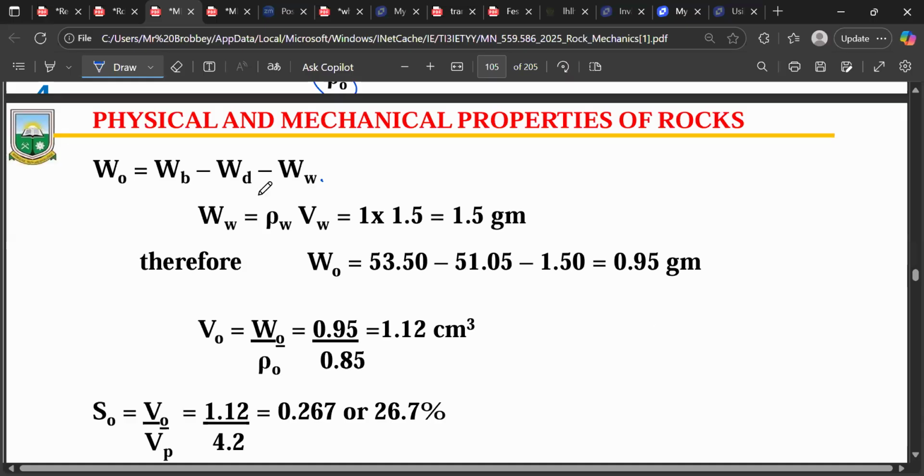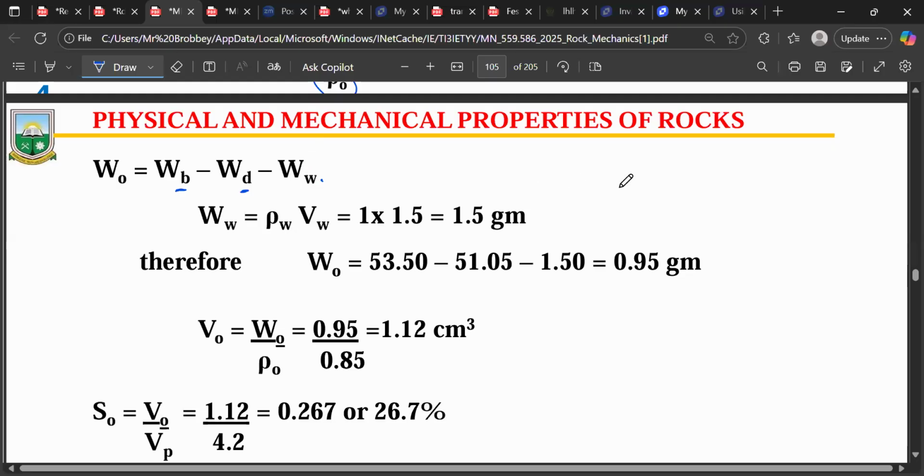the weight of oil we have here is the total weight that we have minus the weight of the dry solid minus the weight of water. Now, we have to find the weight of water. We were only given the volume.